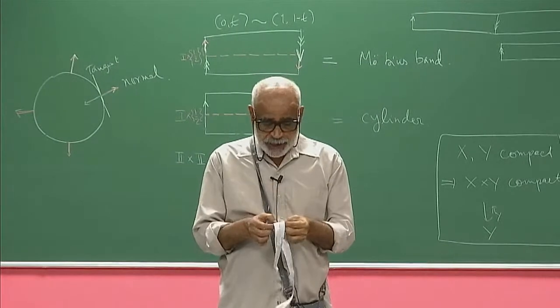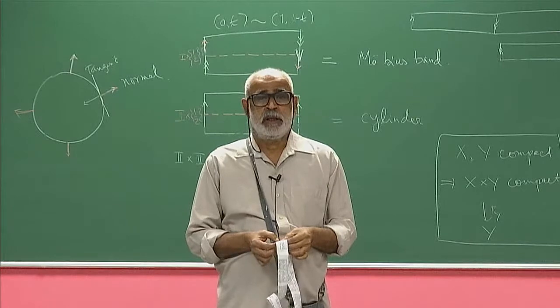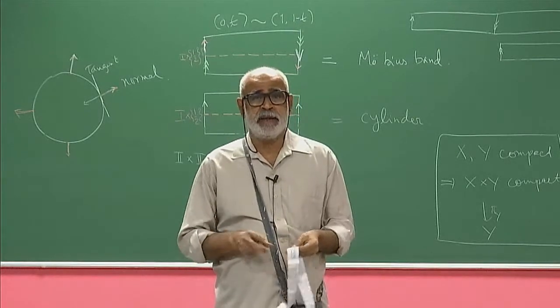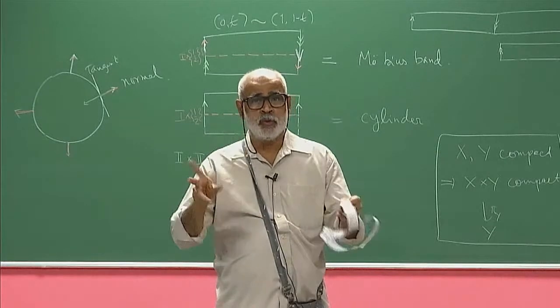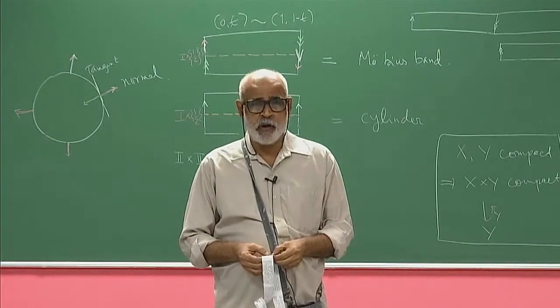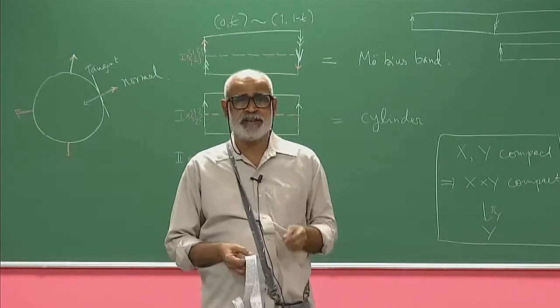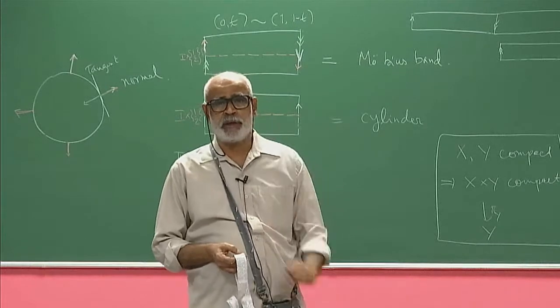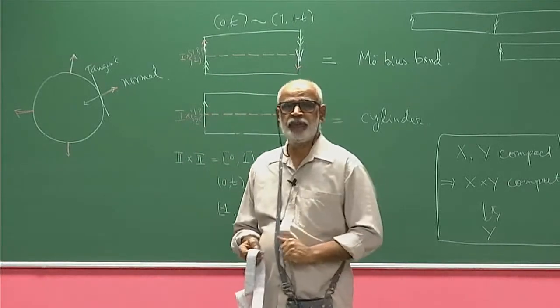Now cut it along the center line here. When you cut the center line of a cylinder, you know the answer, namely you will get two cylinders. All right. The point is whether you can keep one cylinder at your home and send the other cylinder to your friend. Can you do that? Is the question.